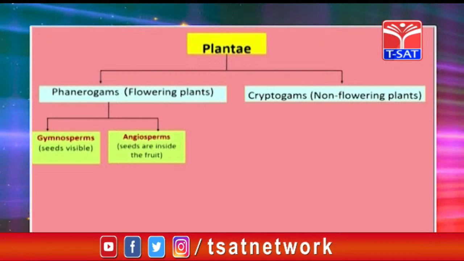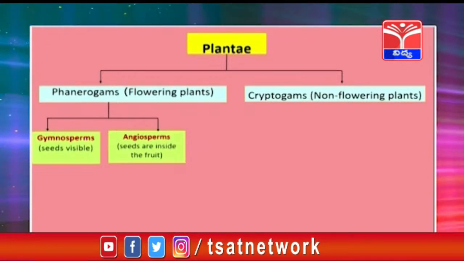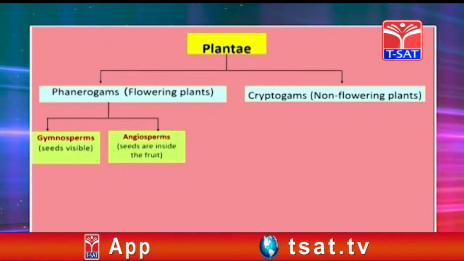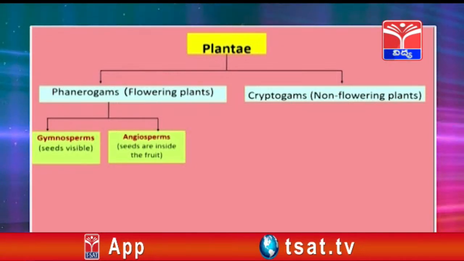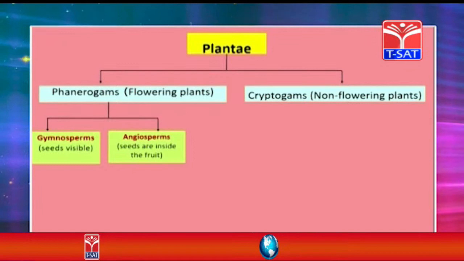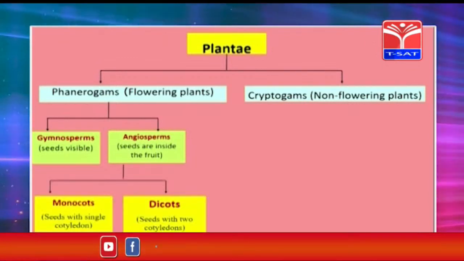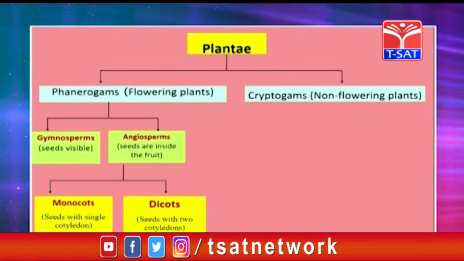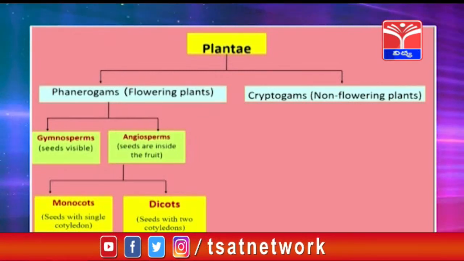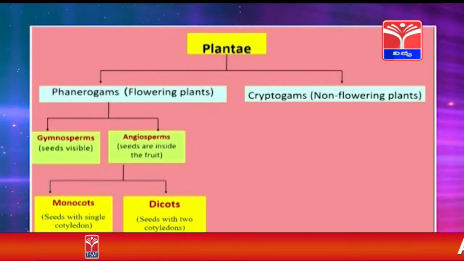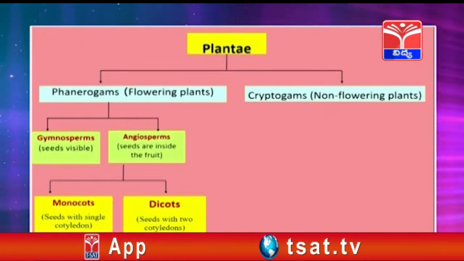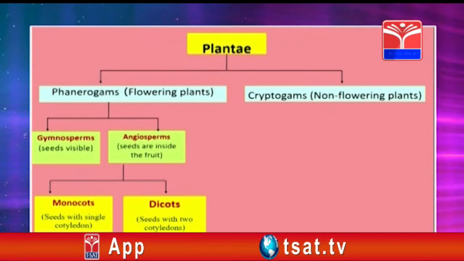That means seeds are not enclosed by a sheet of fruit. They can be seen from the outside. Whereas in angiosperms, seeds are inside the fruit. Angiosperms are again classified into 2 groups. They are monocots and dicots. Monocots have only a single cotyledon, whereas dicot seeds have 2 cotyledons.